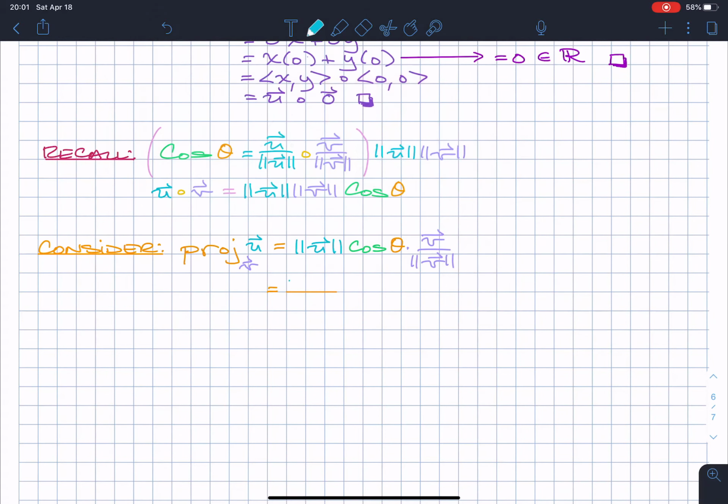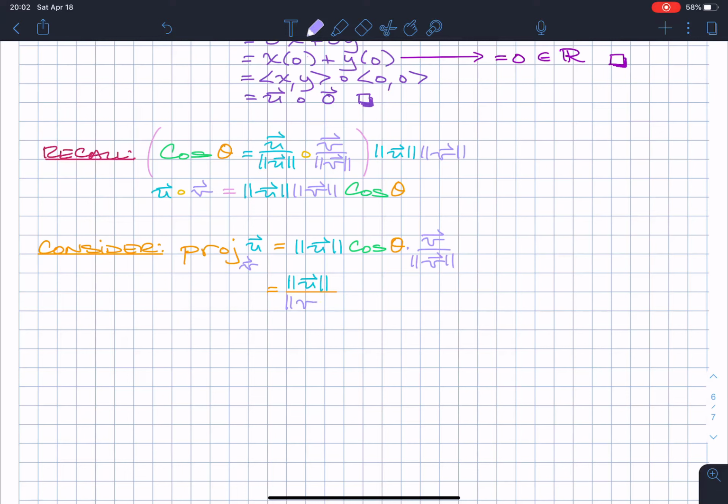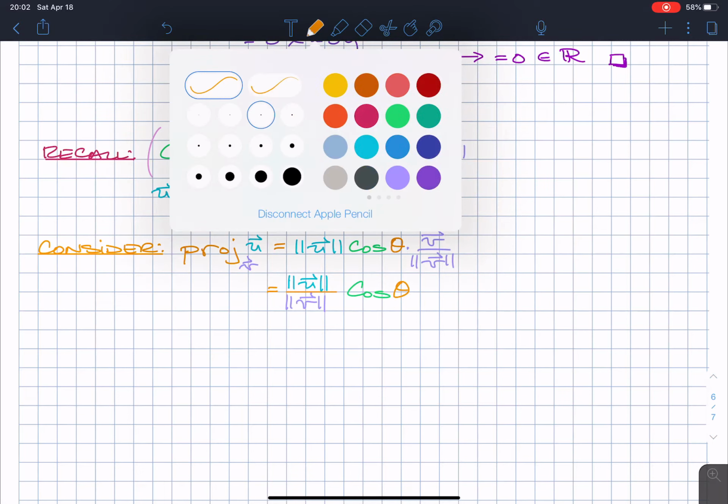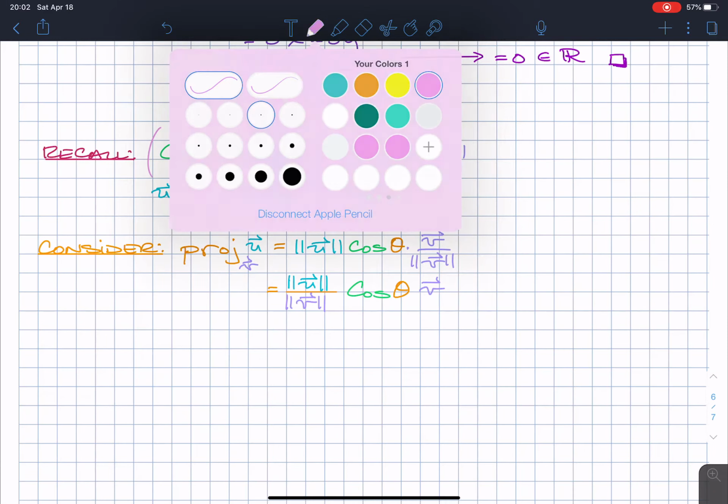So I'm going to have the magnitude of u divided by the magnitude of v. This is just a real number. It's just two numbers, one divided by the other. I have cosine of the angle theta, and then I have times vector v. But I'm going to multiply this by a 1, a very specific one.